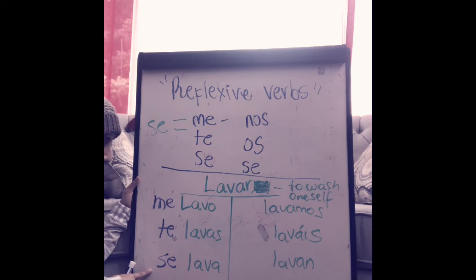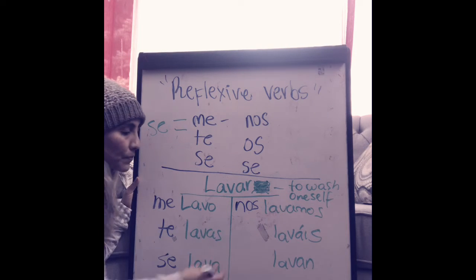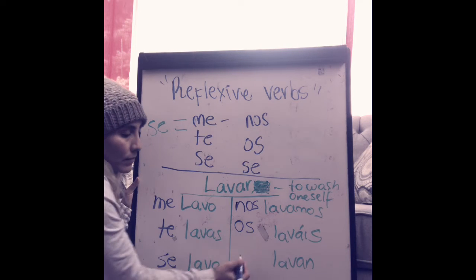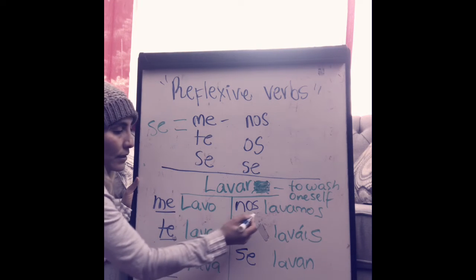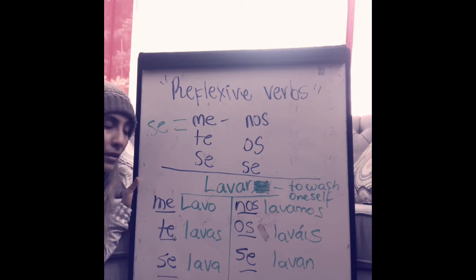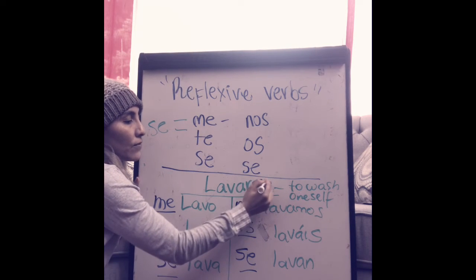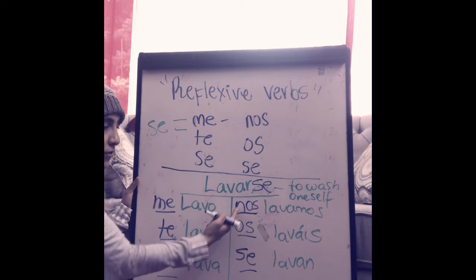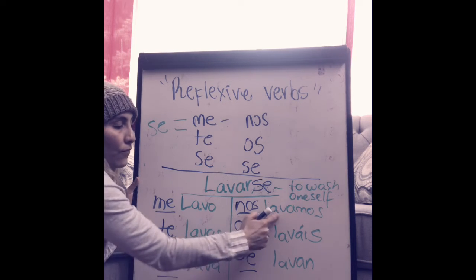He washes himself. We wash ourselves. You all wash yourselves. In Spain, they wash themselves. Do you see how I'm adding my reflexive pronouns? Every time that I conjugate a reflexive verb, I must always add my reflexive pronoun before the conjugated verb.